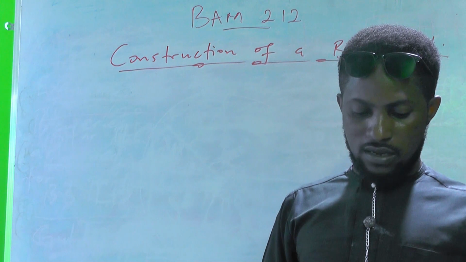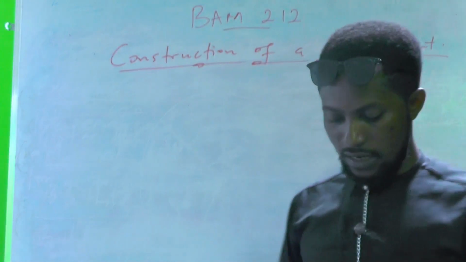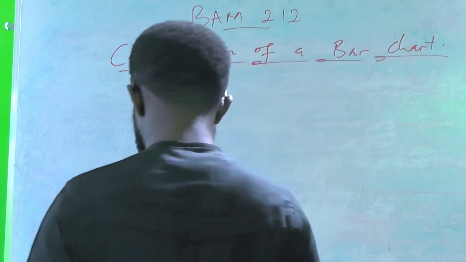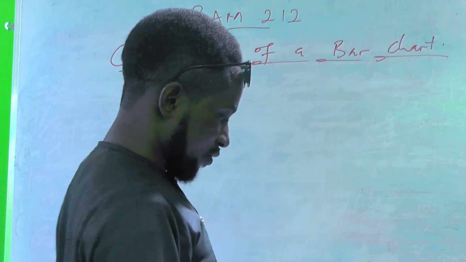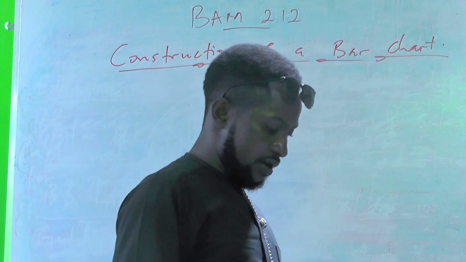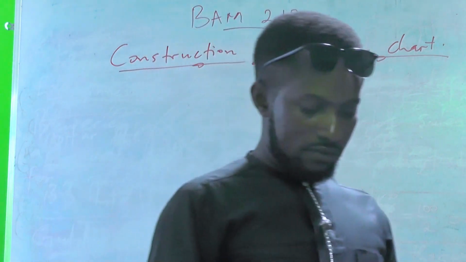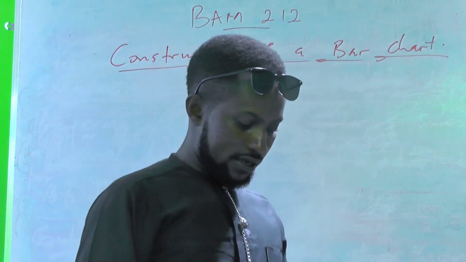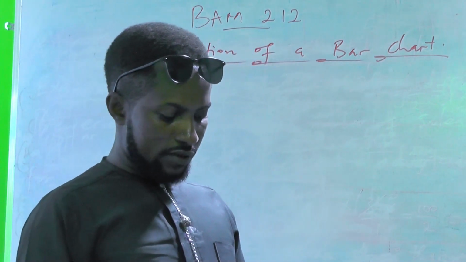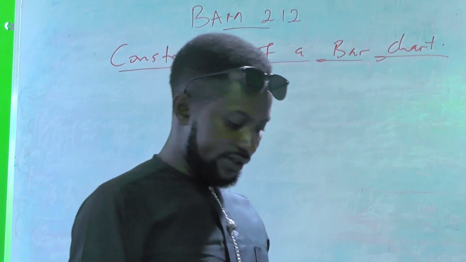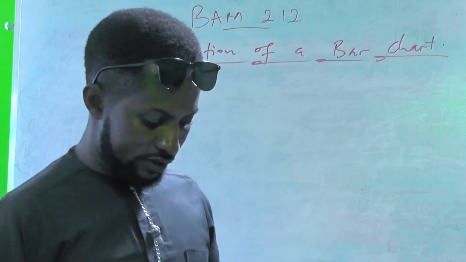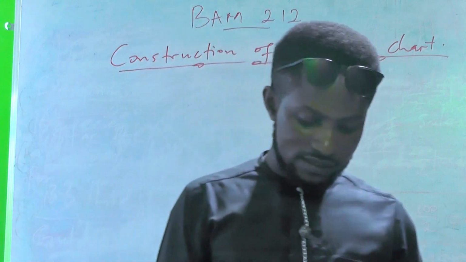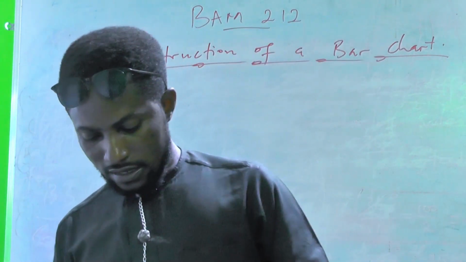And again, to explain this better, I have one example here. The question says that the table below shows the number of items produced by one direct ventures over a period of 5 years. The years are 1991, 1992, 1993, 1994, and 1995.